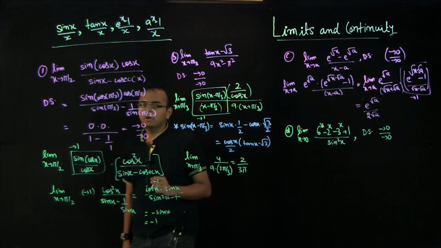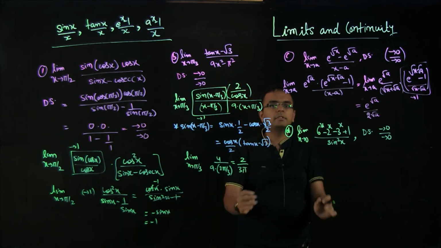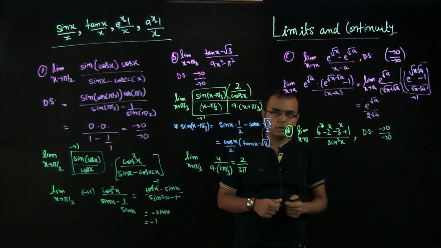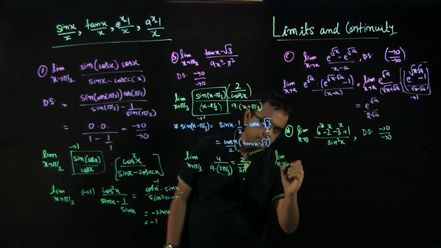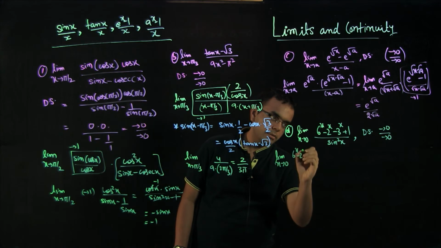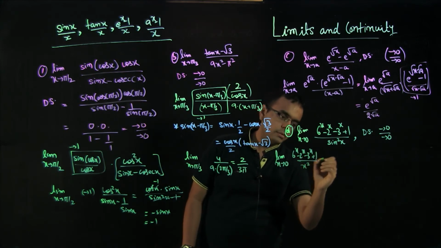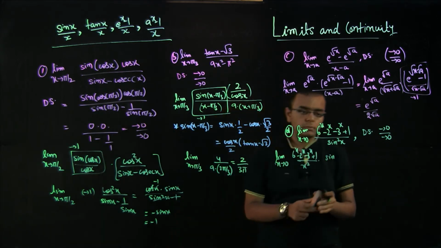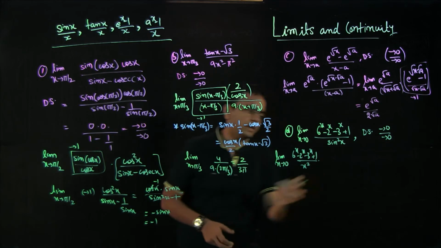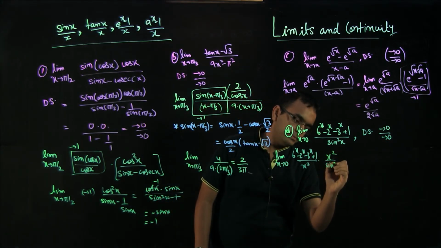So what do we do? How do we start solving this problem? We see sine square x, very obvious, we need an x square. So what we can do, we can start from here. Because we can see sine x by x type form already, which is very obvious to see.